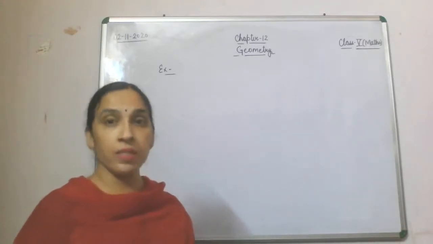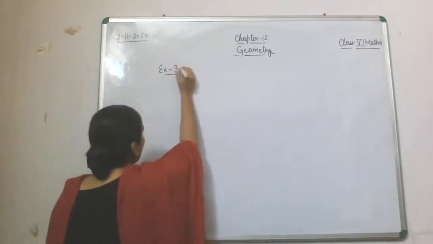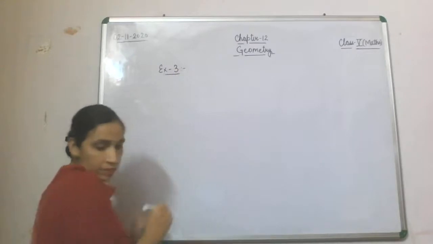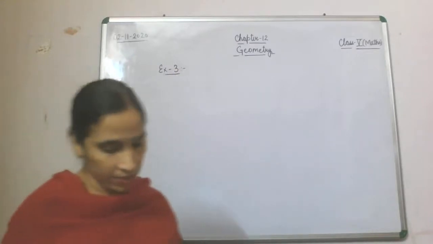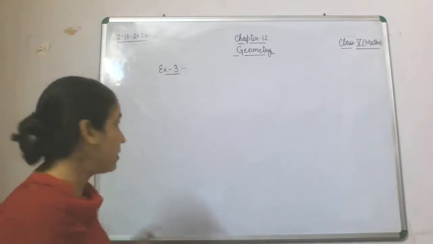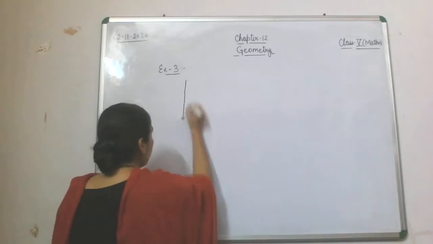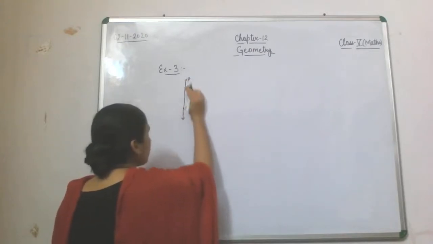Example 3 is related to a figure question. Look at the figure and name different rays. It is quite interesting. A ray is named with its beginning point.